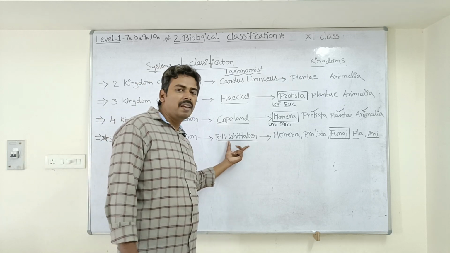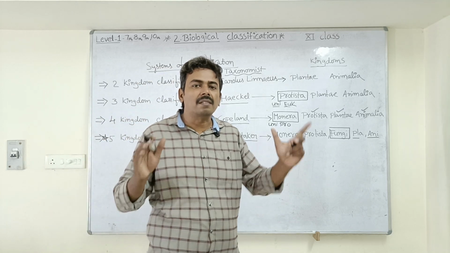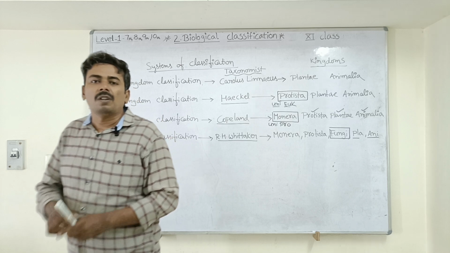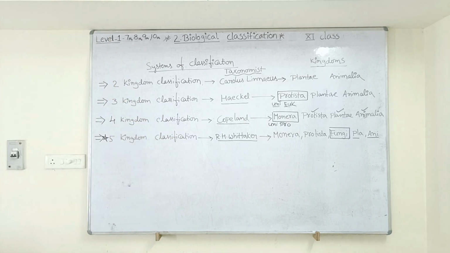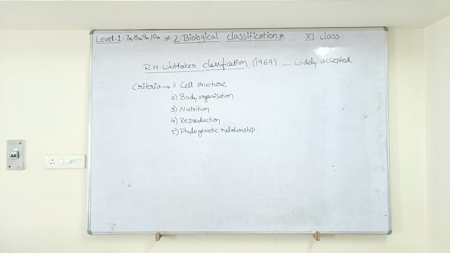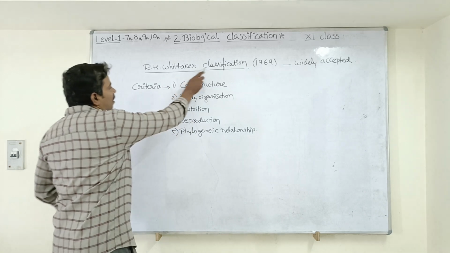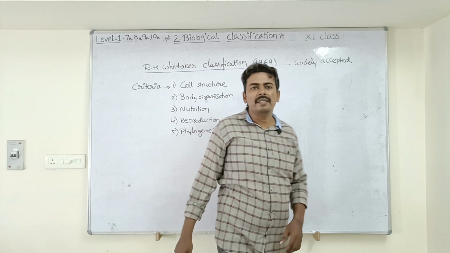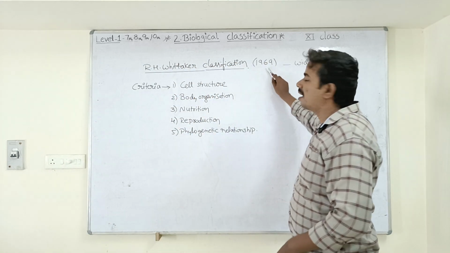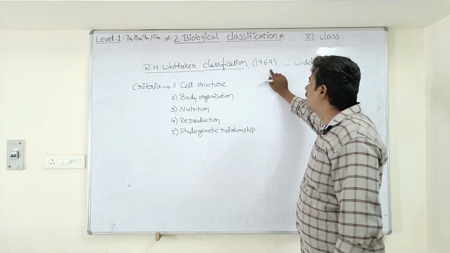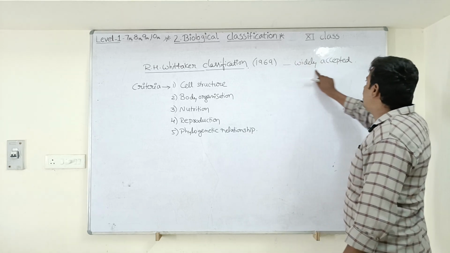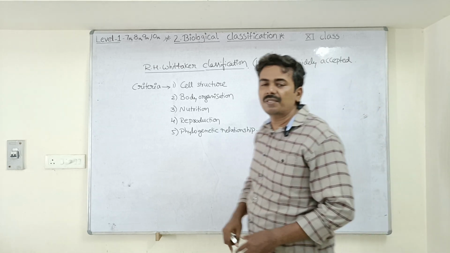It was proposed by R.H. Whittaker. Okay, copy down these, students. So students, look here, R.H. Whittaker's classification was given in the year 1969, a very important point for your NEET examination, and it is the widely accepted system of classification.